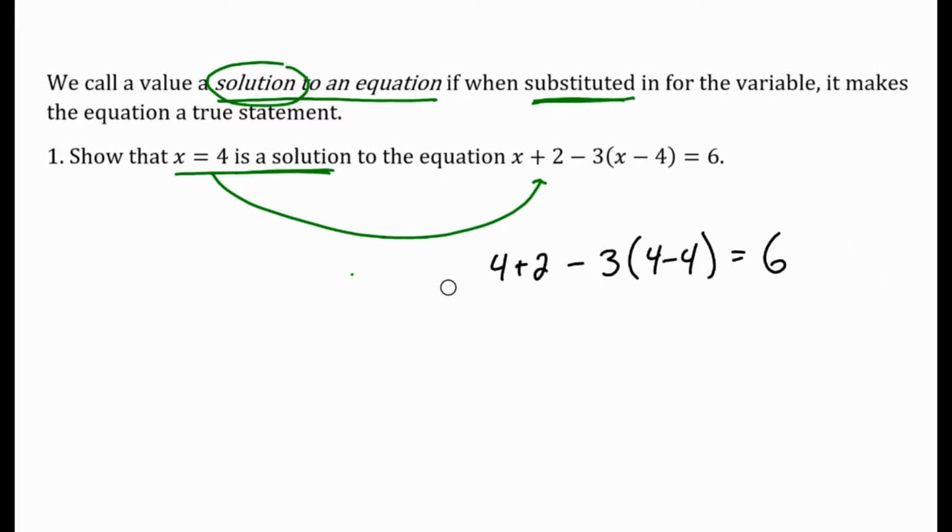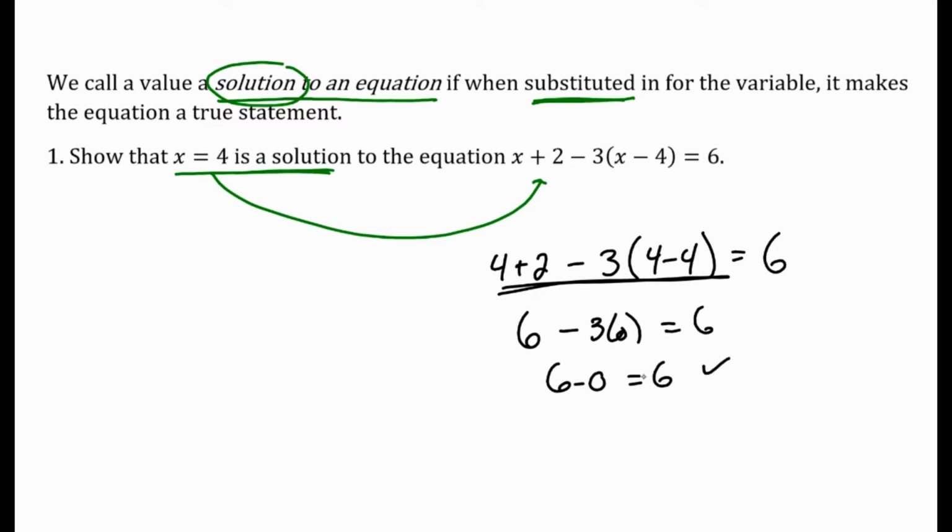So we can be nice lazy mathematicians, or we could follow our order of operations here, but you could throw this side into your calculator. I have 6 minus 3 times 0 equals 6. 6 minus 0 is 6. This is a true statement, so x equals 4 is a solution.